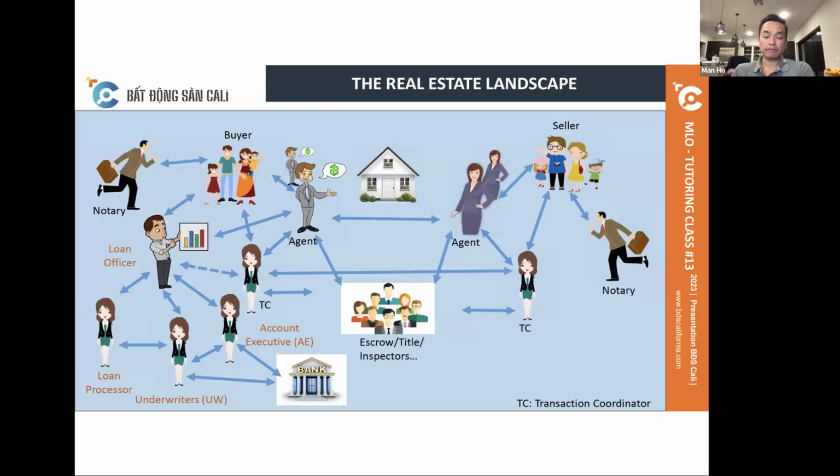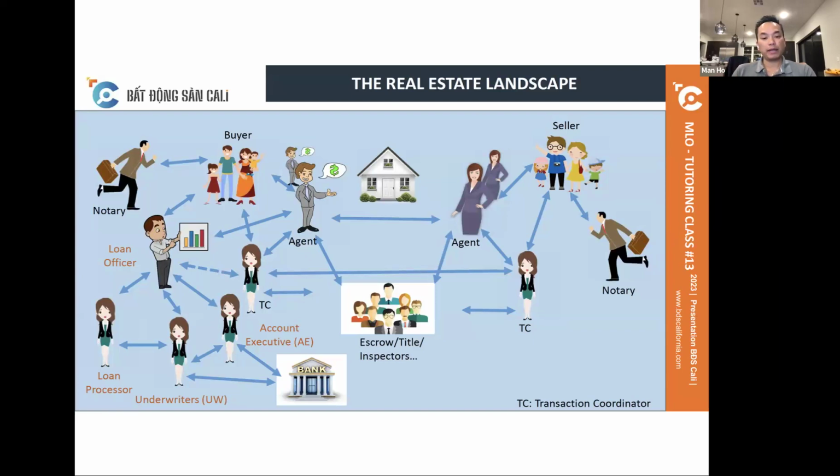But having that kind of knowledge, you're actually able to keep the client, because during the process of buying a home, both sellers and buyers, especially the buyers, have a lot of stress. They have a lot of questions. They really worry, especially first time home buyers.